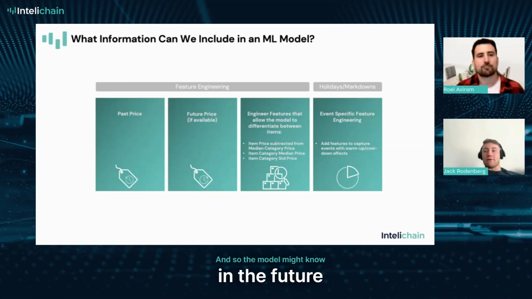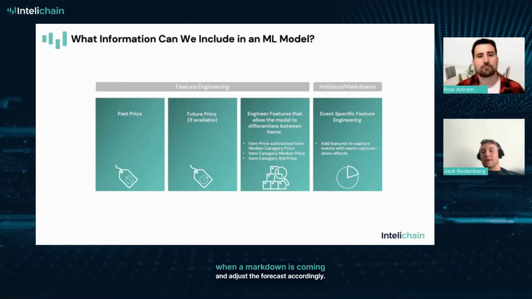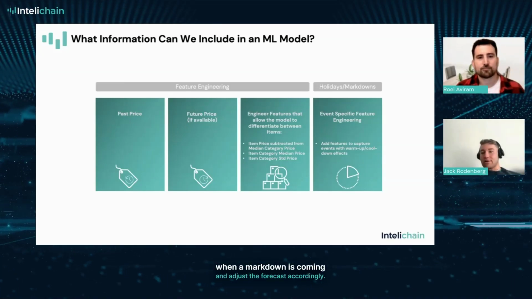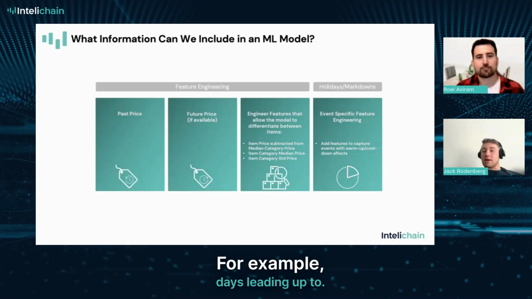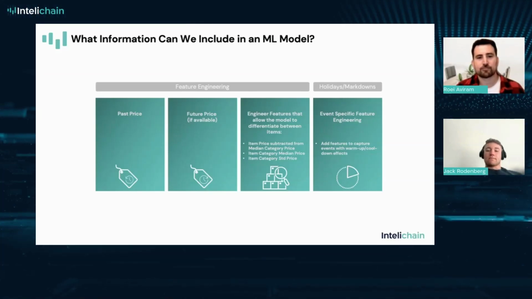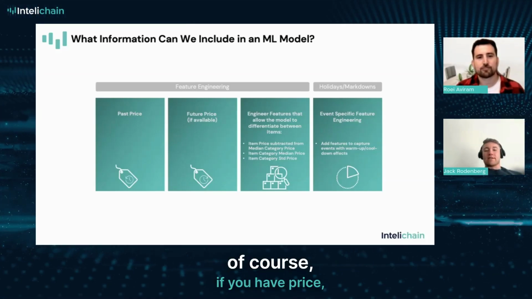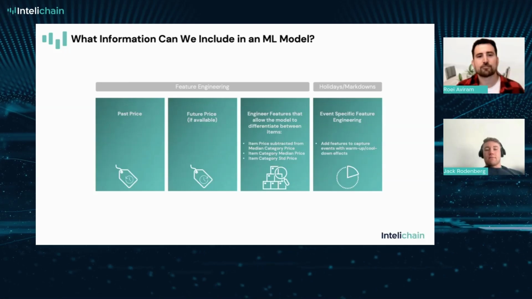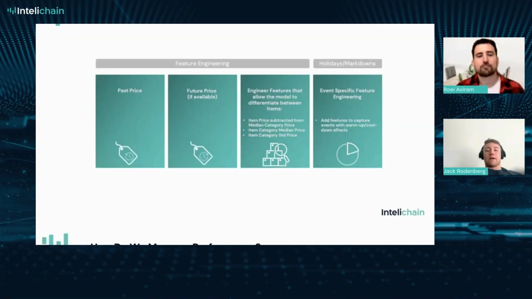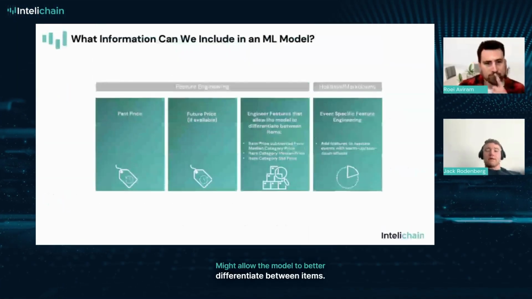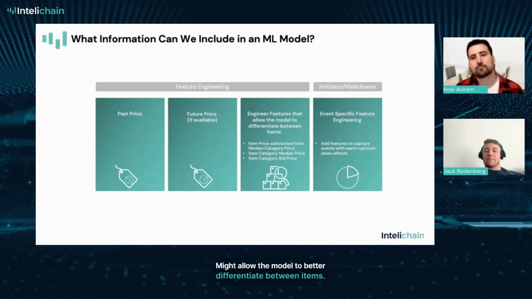And so the model might know in the future when a markdown is coming and adjust the forecast accordingly, for example, days leading up to it. And of course, if you have price, I put down some features that might allow the model to better differentiate between items.